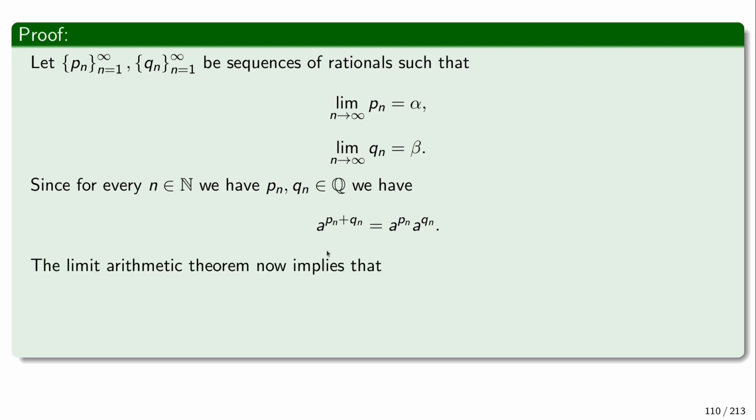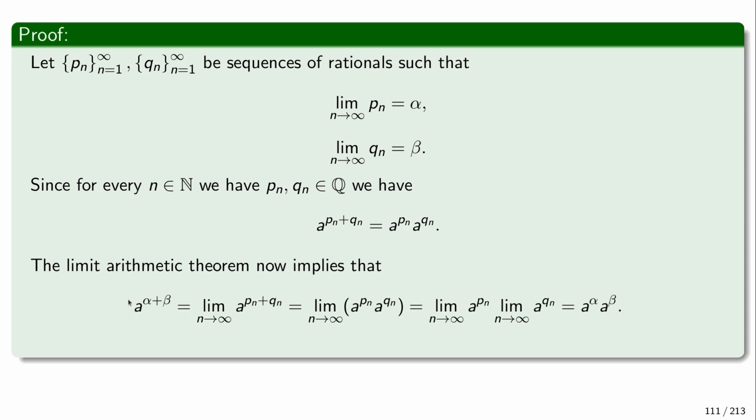The limit arithmetic theorem now implies that Pn plus Qn is a sequence of rational numbers which is convergent, and it converges to alpha plus beta. Therefore this limit exists, and it's a to the power of alpha plus beta. Taking this limit, since this is a convergent sequence and this is a convergent sequence, applying the limit arithmetic theorem we get the result, and therefore this law of exponents is valid for real numbers as well as rationals. So that's an important step.